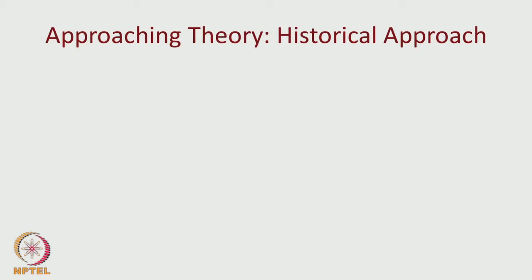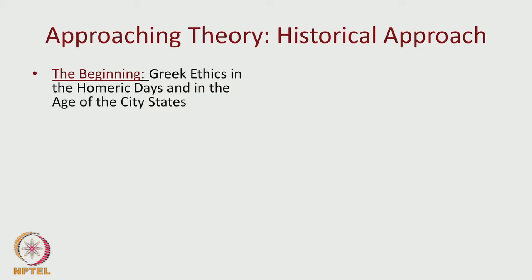Now, let us come back to the real issue, the question of approaching theory. We are now trying to understand theory, and I am trying to adopt a bit of a historical approach here. There is a reason for that, because I would also like the students to appreciate that every ethical theory is rooted in a particular history.